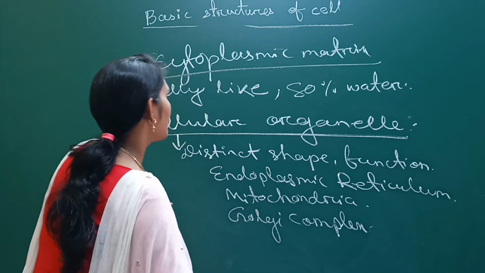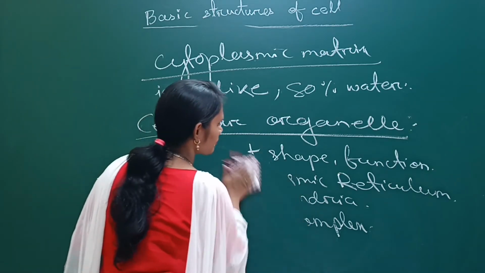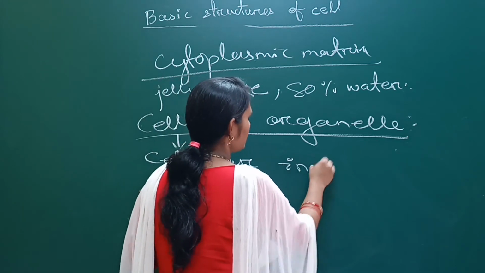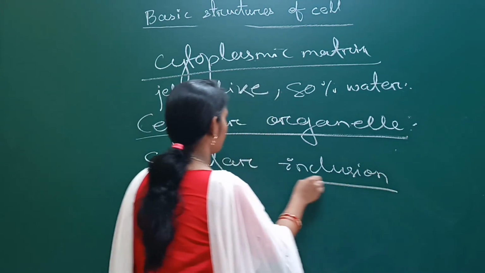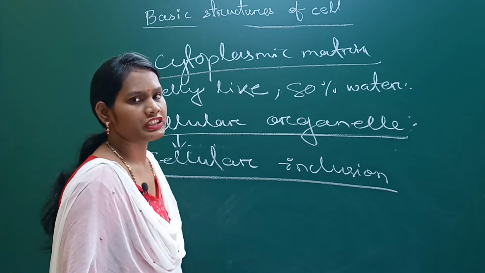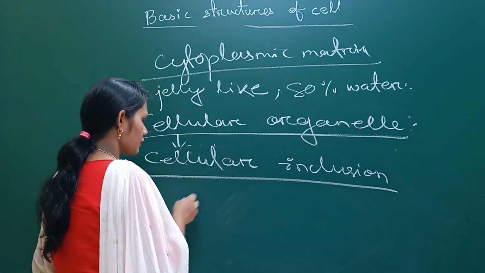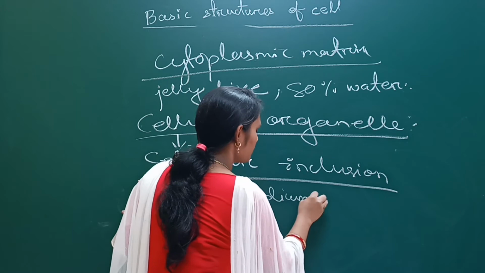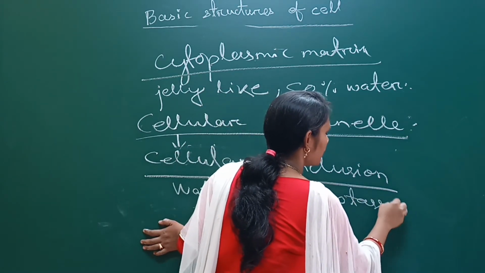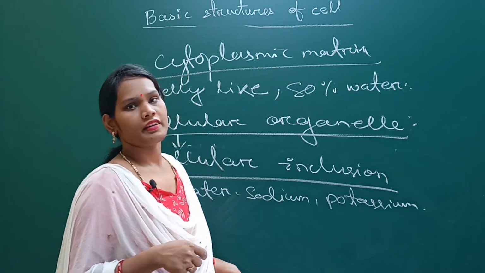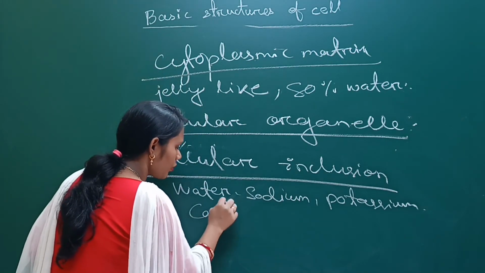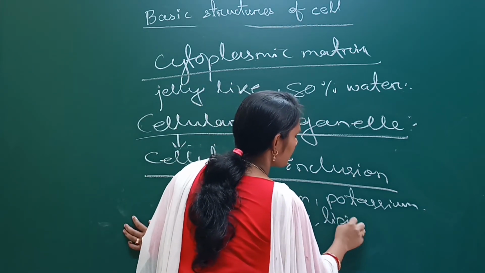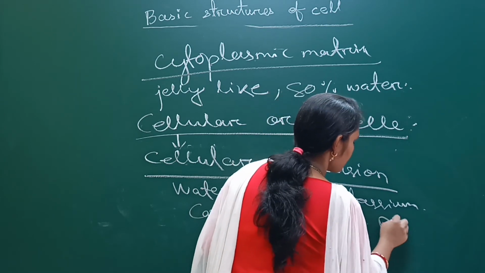Next, let's come to what are the cellular inclusions. There are different dissolved substances present within the cytoplasm, like water, sodium, potassium, different minerals, and organic materials like carbohydrates, lipids and proteins.